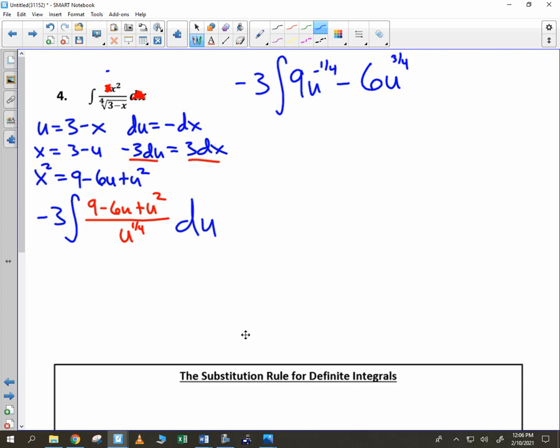And then u to the 8/4 over u to the 1/4. Good. All right, so we're going to take that antiderivative. Awesome.